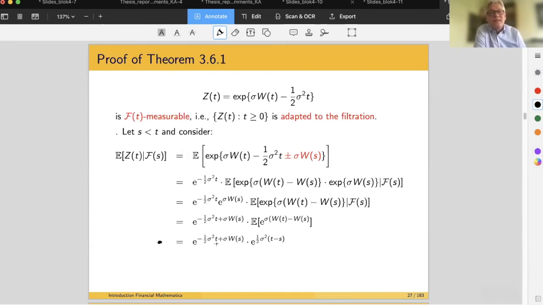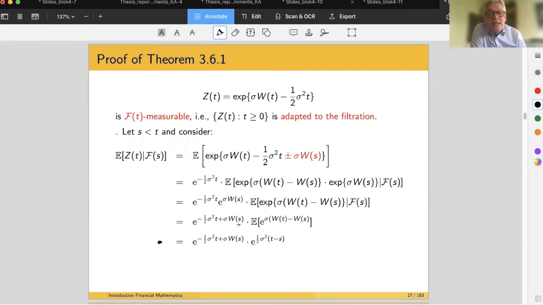So we process this here. This was already taken out. So this is e to the power minus 1/2 sigma squared t plus sigma Ws, times the result from the moment generating function, which is e to the power 1/2 sigma squared times t minus s.